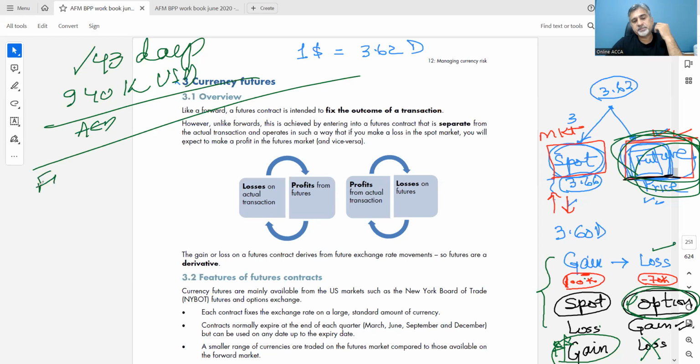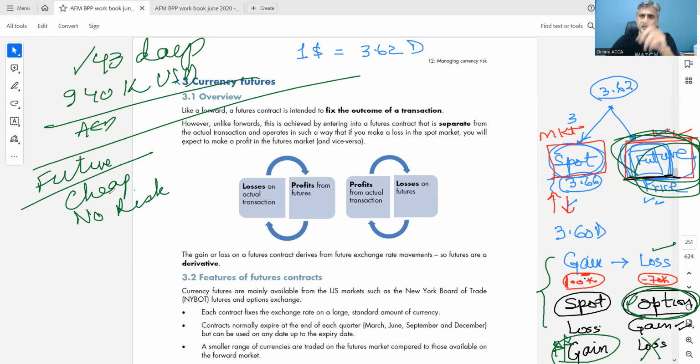When it comes to future, it is cheap. There is no specific higher premiums or fees attached to that. It is cheap. No risk of default.